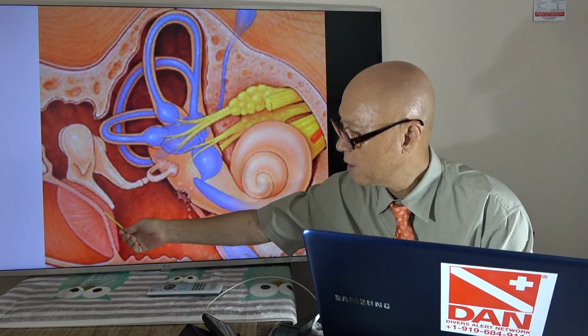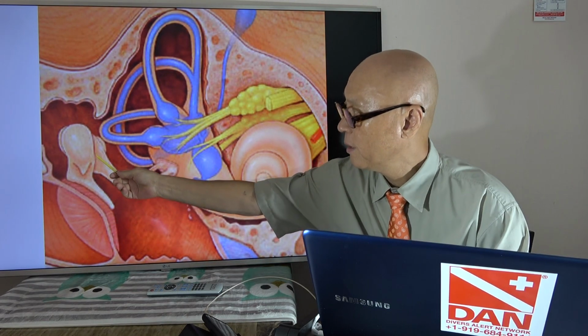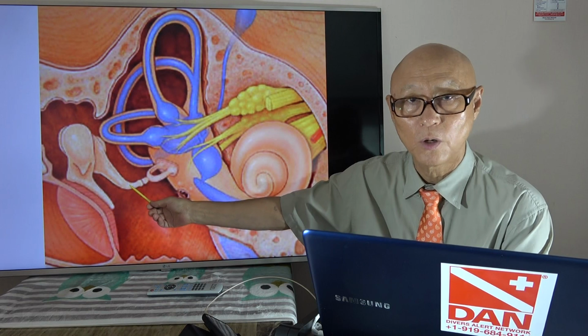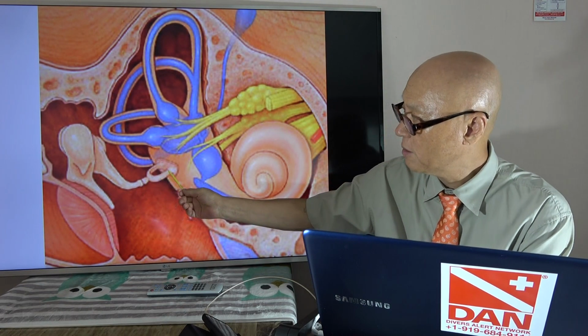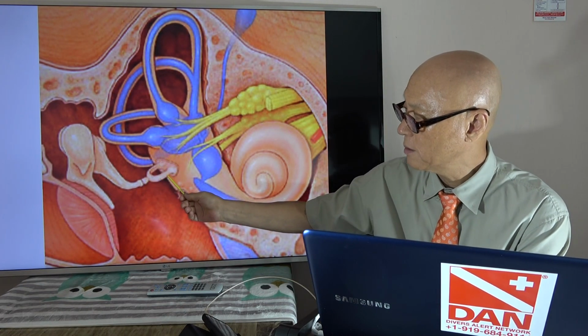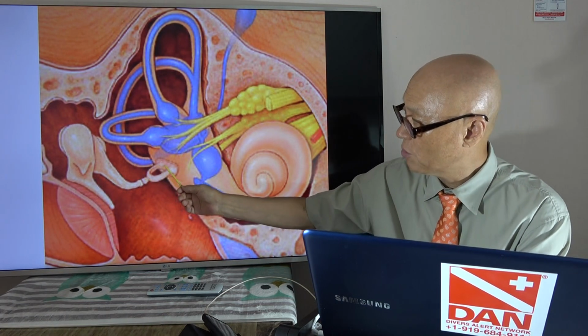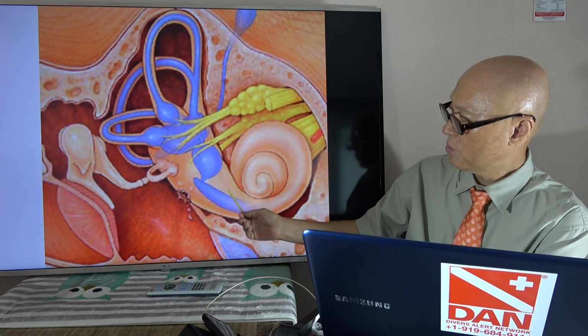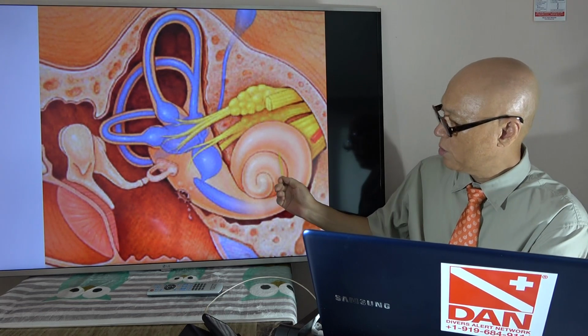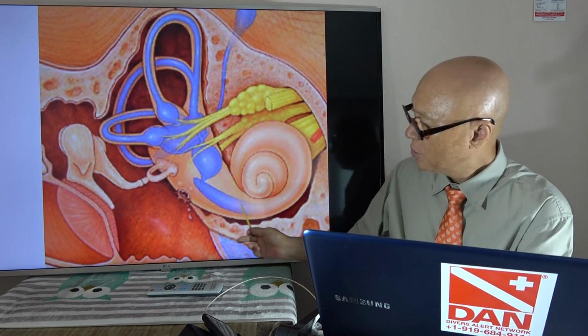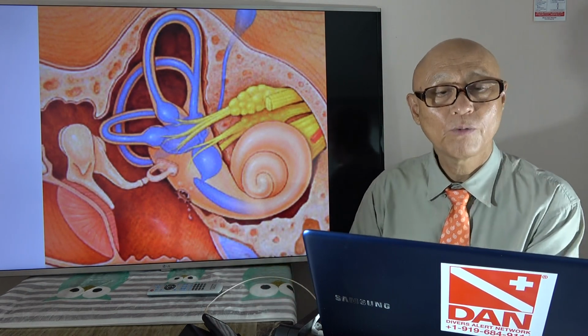The sound energy hits the tympanic membrane, goes through 3 small auditory ossicles, and at the end of the ossicles is the footplate of the stapes. And the sound energy goes in here, goes round and round, and then comes back out through the round window.